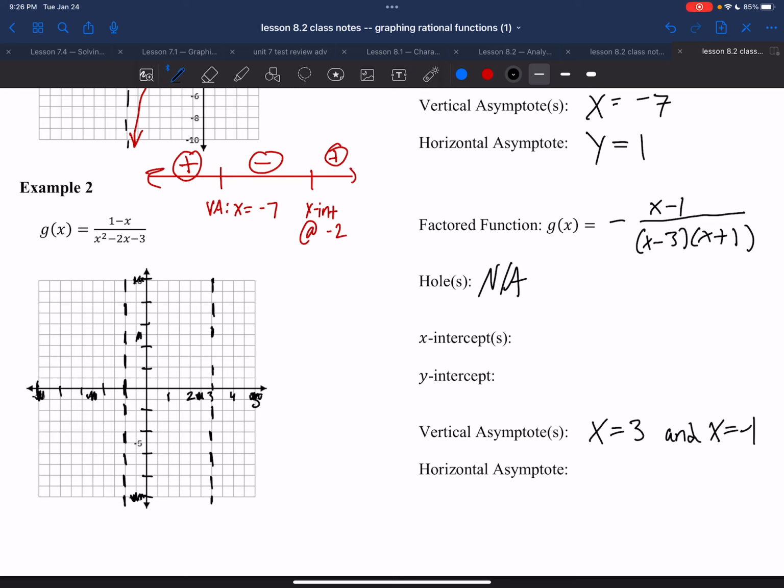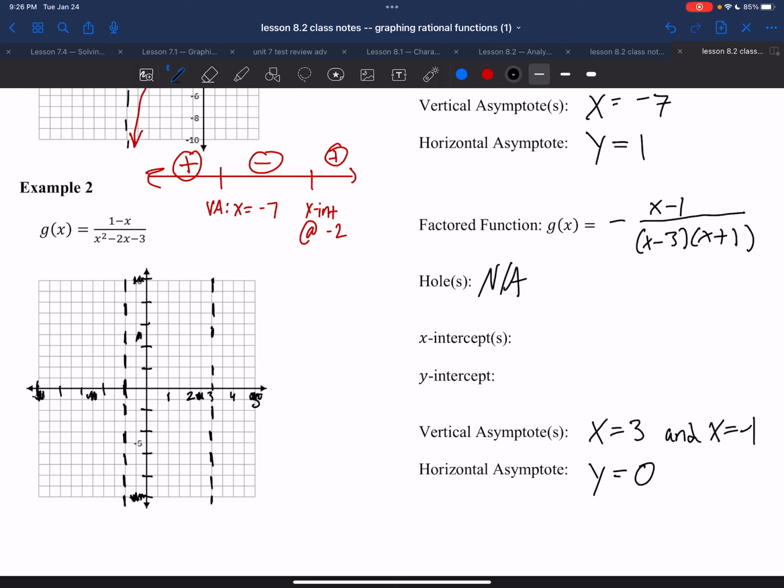So let's analyze horizontal. Well, the degree on top is 1 and the degree on bottom is 2. So naturally that means the horizontal asymptote should be y equals 0. This is because the denominator grows faster. One might say it has a higher order, although I don't know if that's the right thing to say.